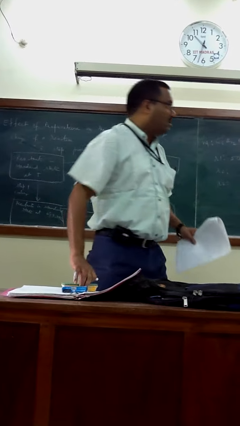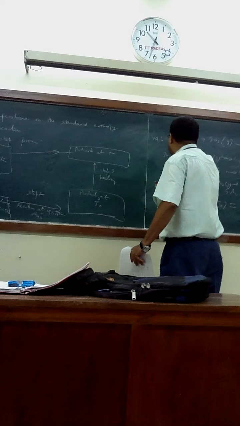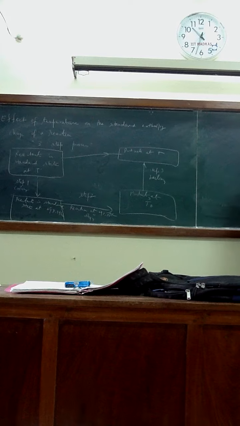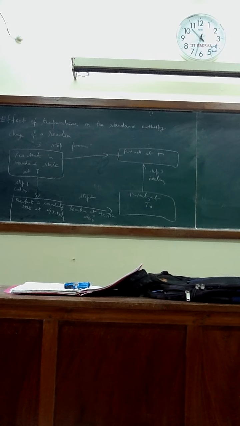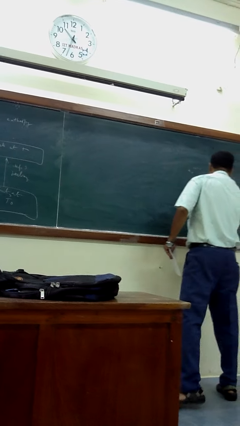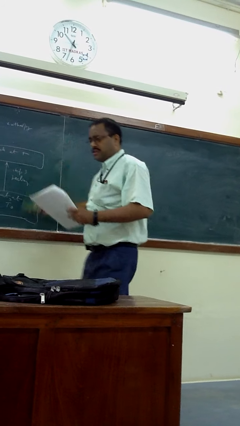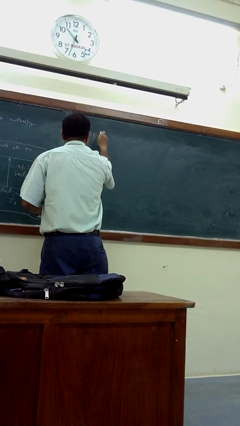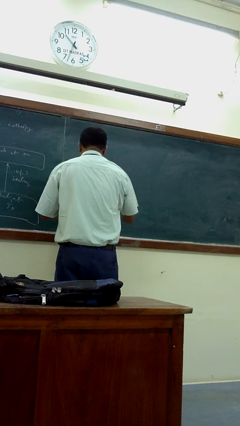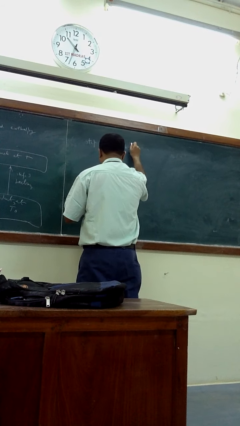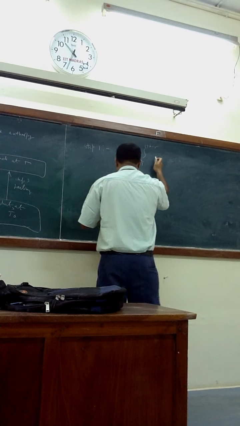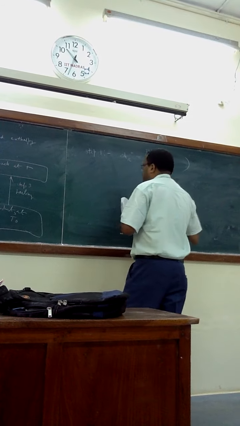So let us have the mathematical prelude of this step 1, step 2 and step 3. Step 1, which is delta H R0, is the integral from T to 298.15 of Cp dT.